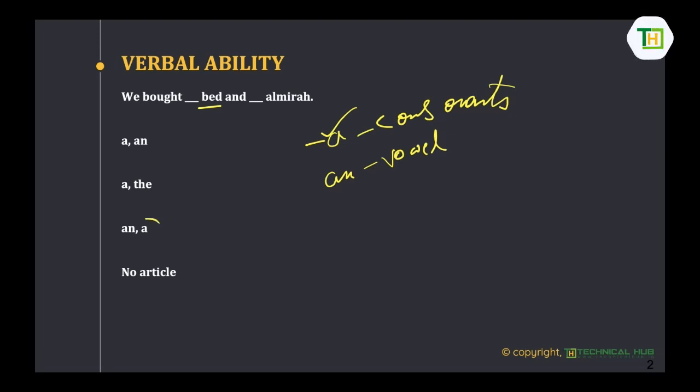So this is a wrong option because a should be in the first. No article is also wrong; we have to use an article over there. Almara: A, E, I, O, U. The vowel sound is there, so it is an. We bought a bed and an almara.